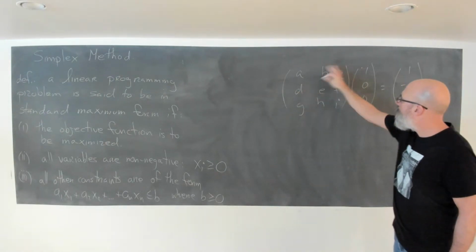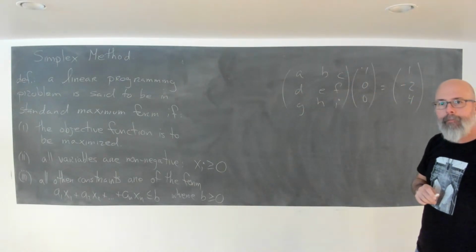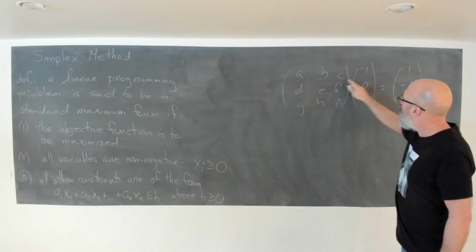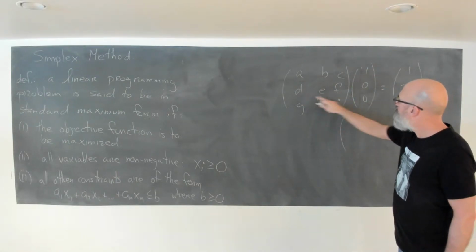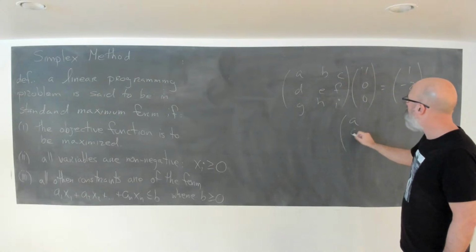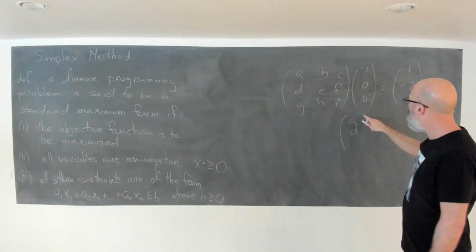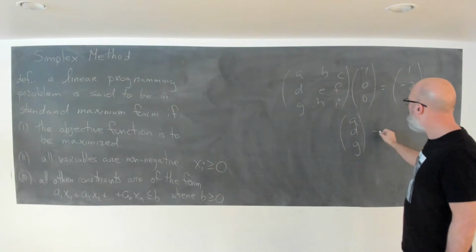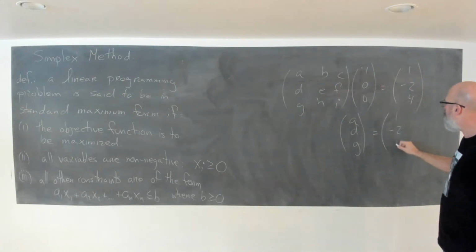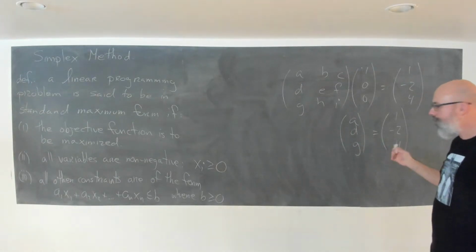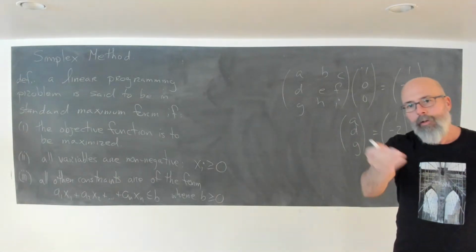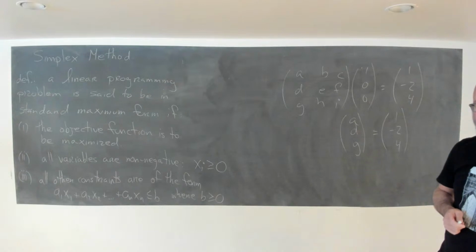But what happens when you multiply these two things together? First row times first column. Second row times first column. Third row times first column. And now these 3x1 matrices are equal. And as Annie points out, you get the first column, right?